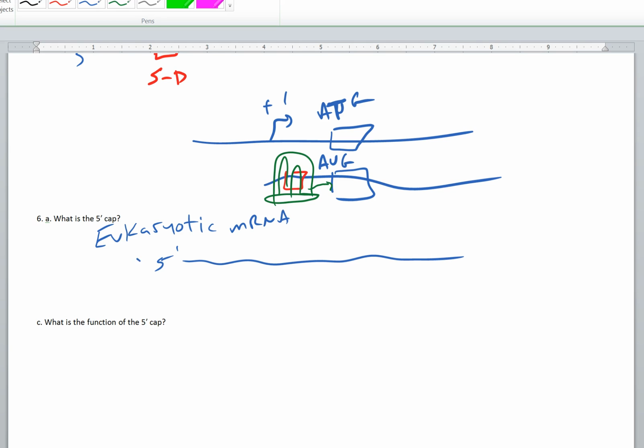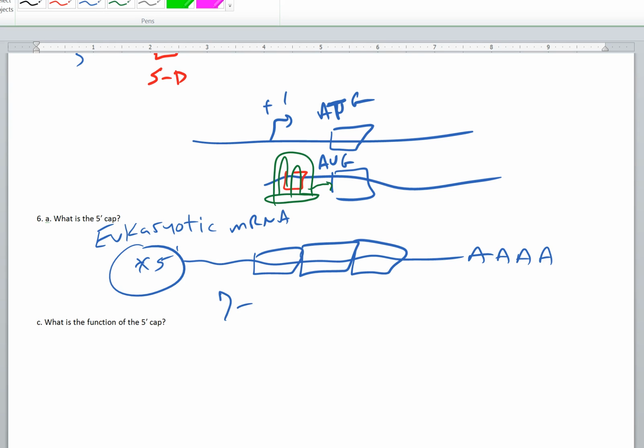I always just sort of draw it as a little asterisk saying that we've got this cap there, and we'd have our exons spliced together, and we'd have a poly A tail, only in eukaryotes. And this cap happens to be a 7-methyl guanosine cap. So it's actually a nucleotide.